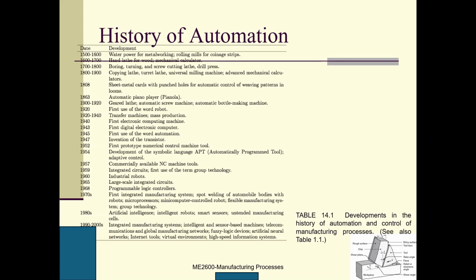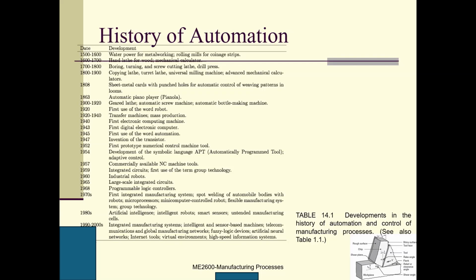People had this automation: boring, turning, screw cutting lathes, drill press, and the copying lathes, parameter lathes, universal milling machines. Then 1863, automatic piano player. So this is automated, and the geared lathes, automatic screw machine, automatic bottle making machines.